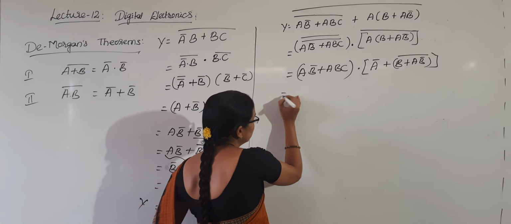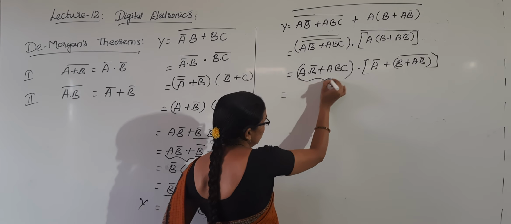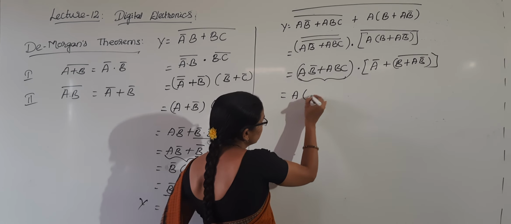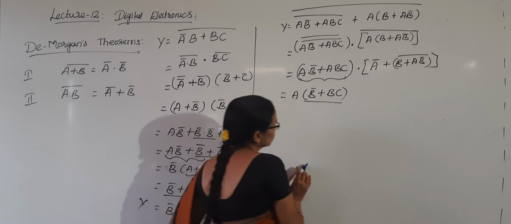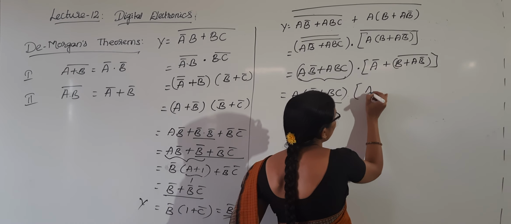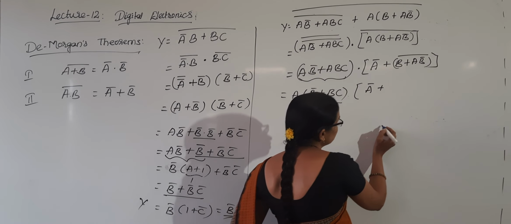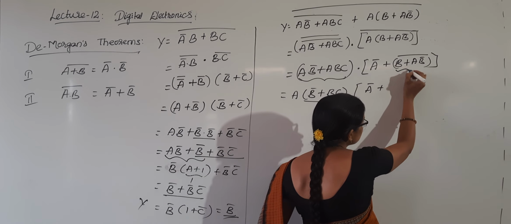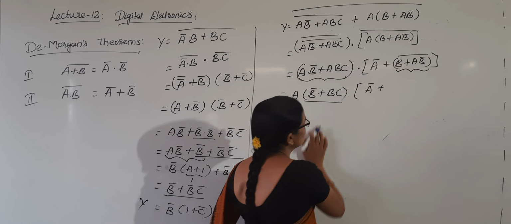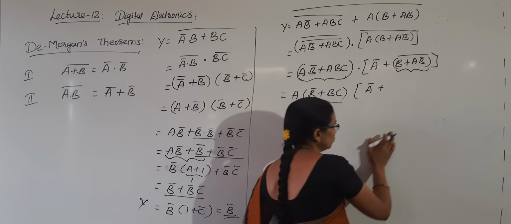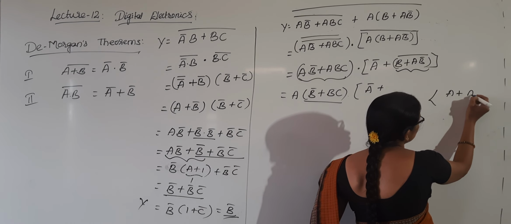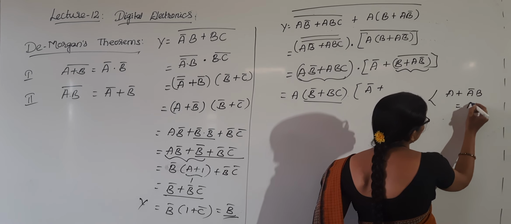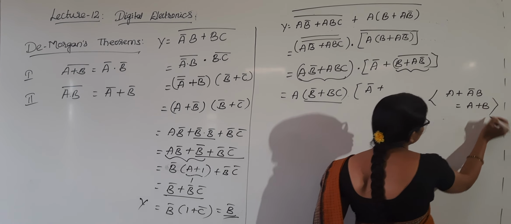In these two, I will take A common, B̄ plus B·C, Ā plus. We know that A plus ĀB is equal to A plus B, right?